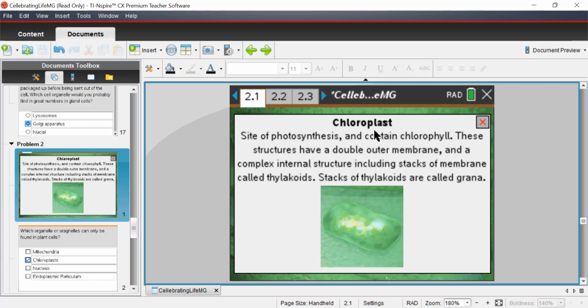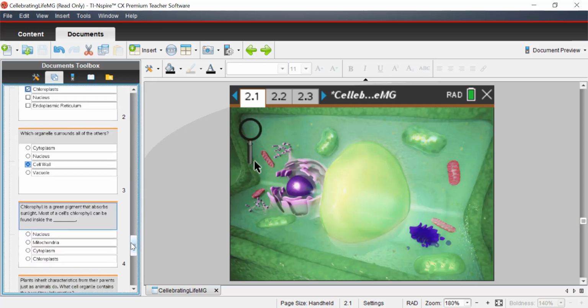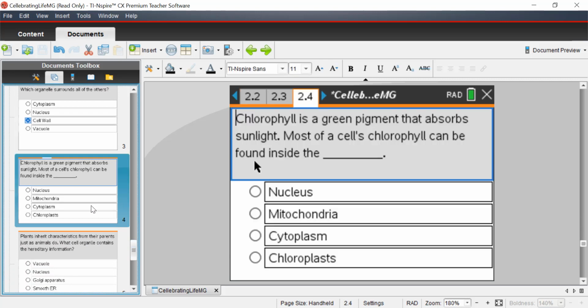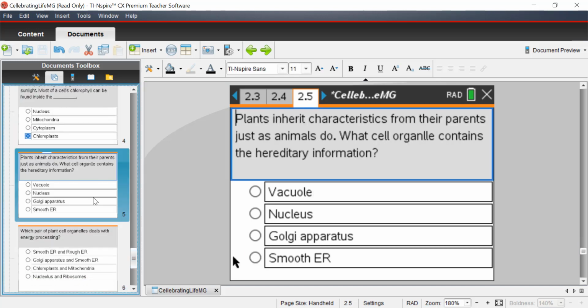So that's where you find chlorophyll, in a chloroplast. So that means that if chloroplasts are only in plant cells, only plant cells have chlorophyll. Does that make sense? You won't find chlorophyll in an animal cell because animal cells do not have chloroplasts. All right, so we got an answer for that one.